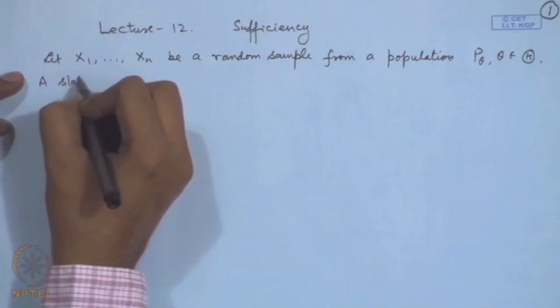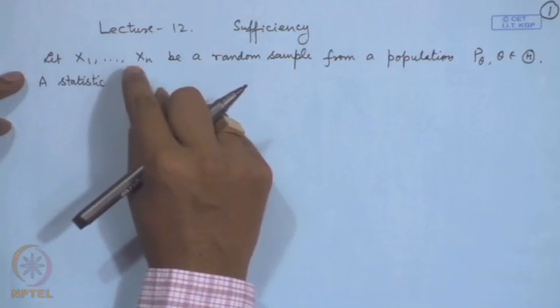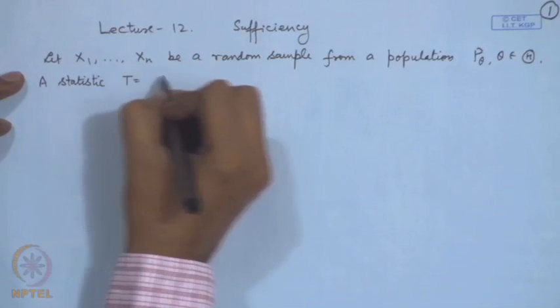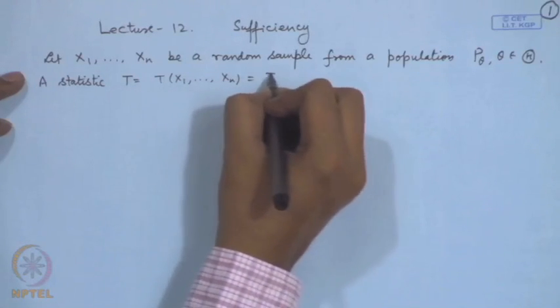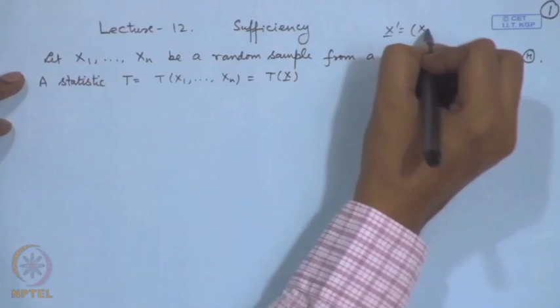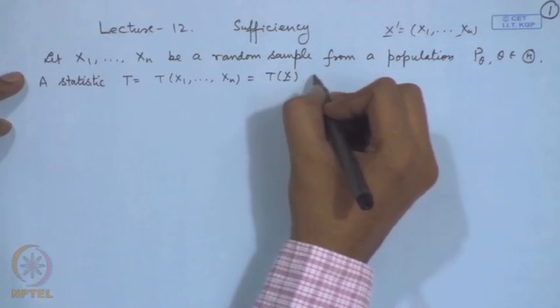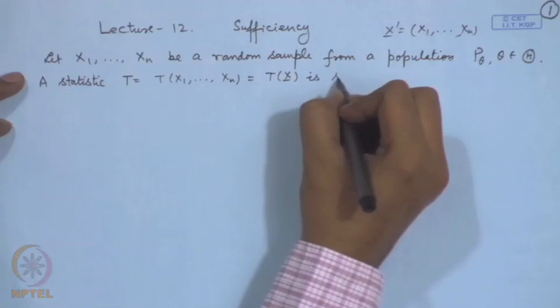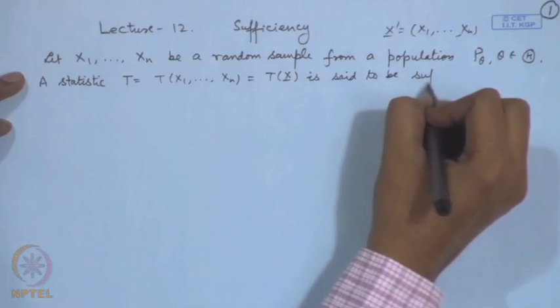A statistic, which we have already defined, means a function of observations. So, t, that is t x 1, x 2, x n, which we also write as t x. That means, we are denoting x as x 1, x 2, x n. So, t x is said to be sufficient.